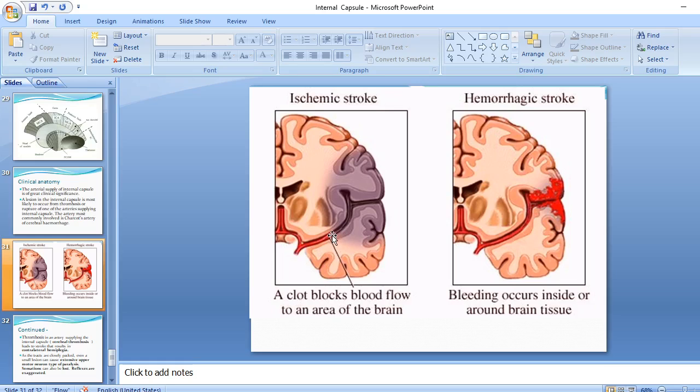Here you can see a clot block the flow and there is a gradual ischemia of the internal capsule and the cerebral cortex. Here you can see the bleeding may occur in any of the branches, especially the Charcot's artery. And so the blood supply of the internal capsule and the cerebral cortex may suffer.